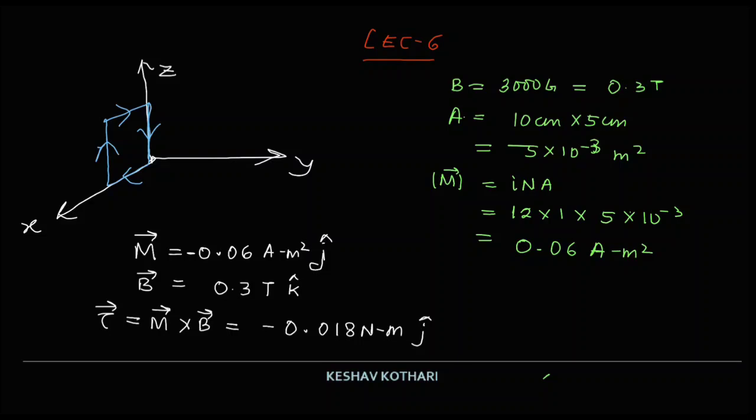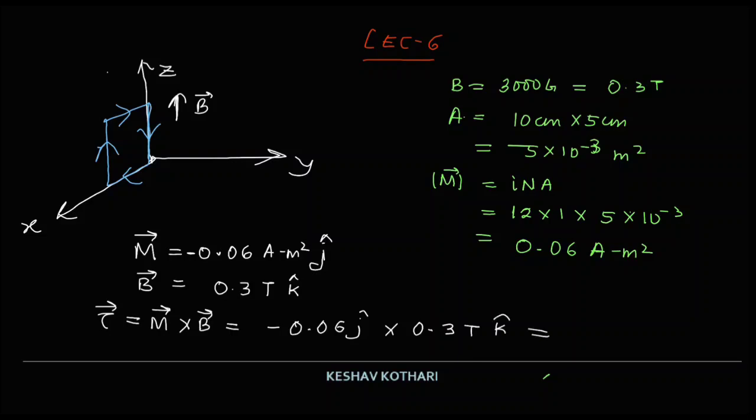The magnitude of m remains the same, the magnitude of magnetic field remains the same, and the direction of magnetic field remains the same. Magnetic field is still in the upward direction along the z axis. And if we perform m cross b this time, the value of m is equal to minus 0.06 j cap cross 0.3 Tesla k cap.